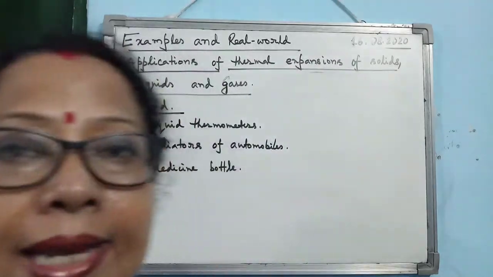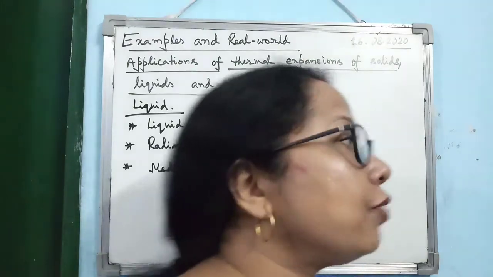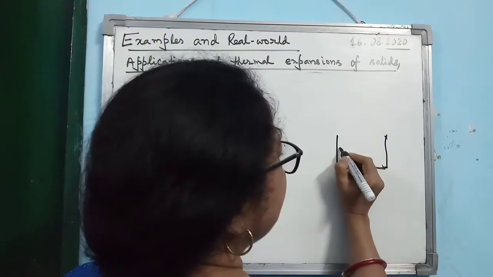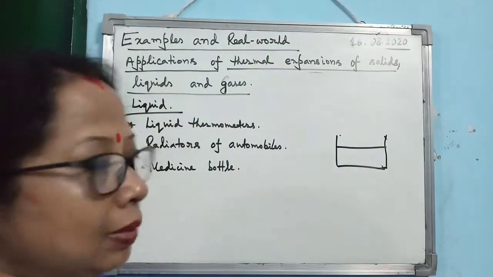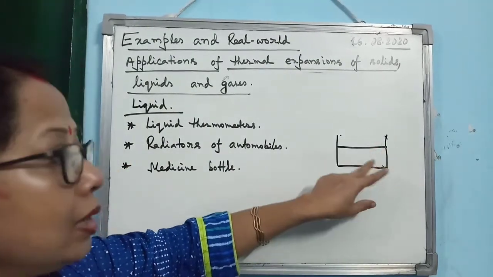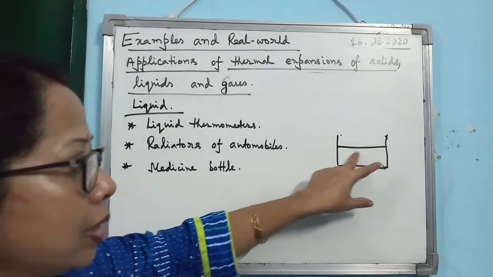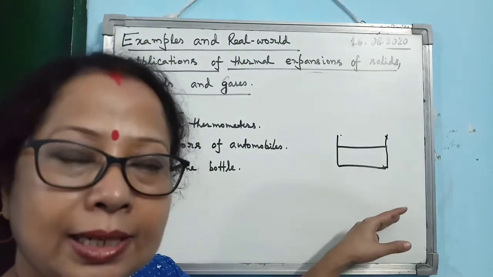So when a radiator is filled with water, the water is never filled up to the top level. Suppose this is the radiator, then a space is left. Why? Because when the engine becomes hot, the radiator becomes hot, the water will evaporate, and when it evaporates, it will cool down the engine. That is the way.